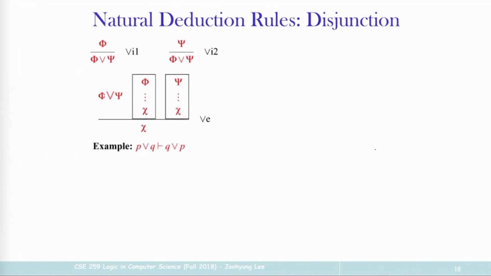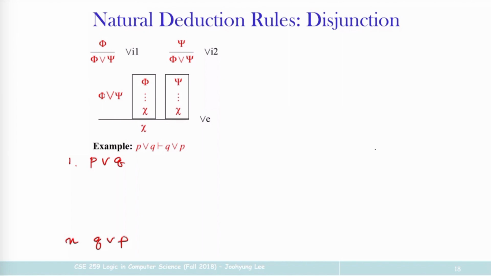All right, so what can we do? Line 1, what is it? P or Q. Line N, Q or P. Now in general, this is actually difficult, but the hint here is to use the disjunction elimination rule.